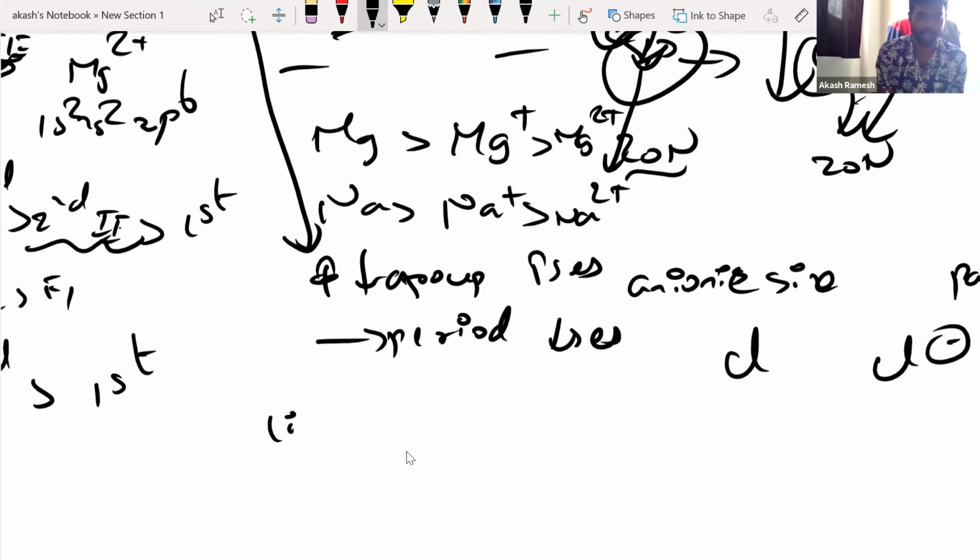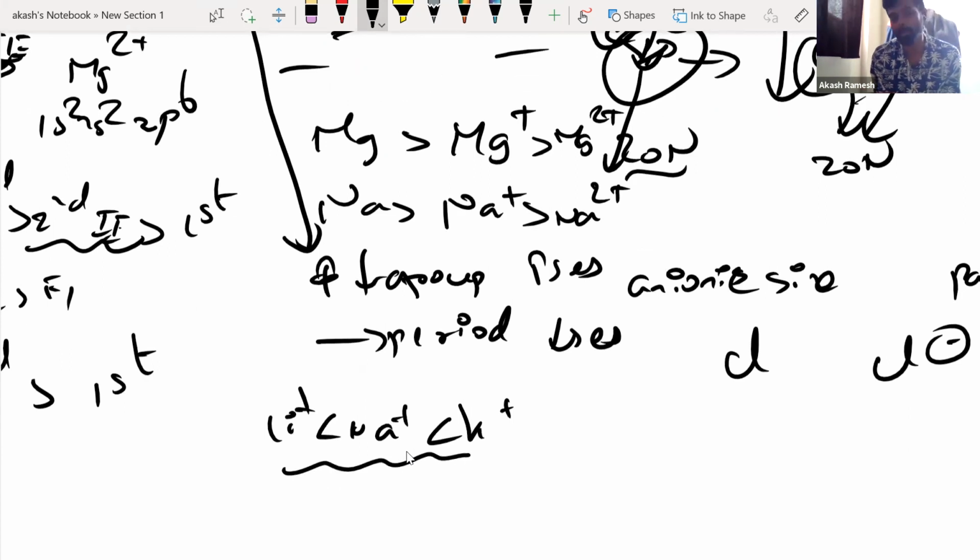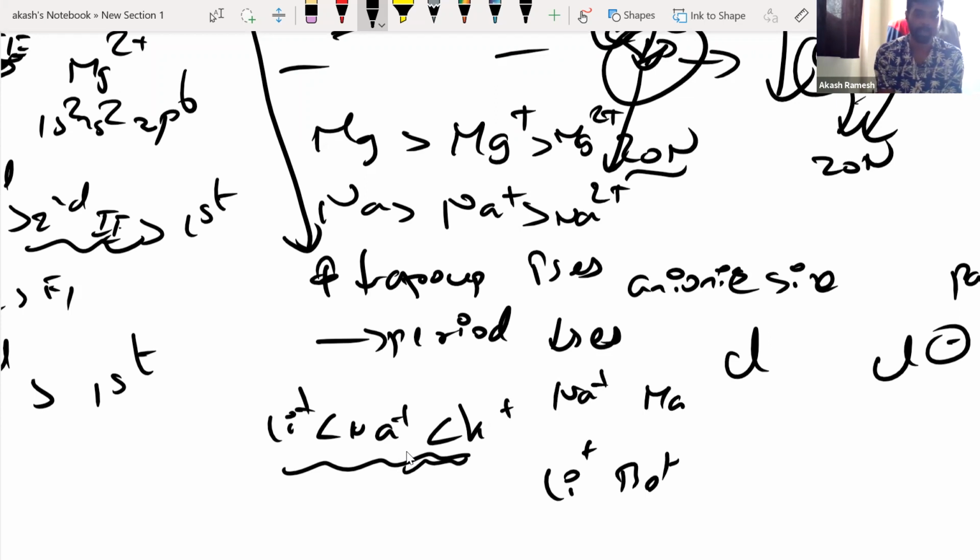If I compare Li plus, Na plus, and K plus, it still holds good. Whatever holds good for atomic size holds good for ionic size also. If I compare Na plus and Mg plus, obviously Na plus will have more size because along the period the size decreases. This holds good for atomic size as well as ionic size. That is not changing.